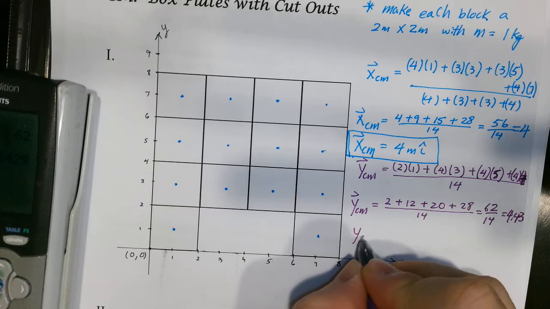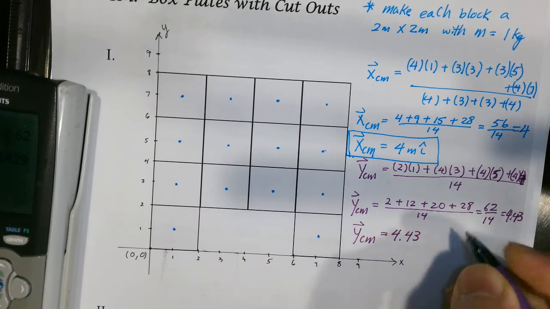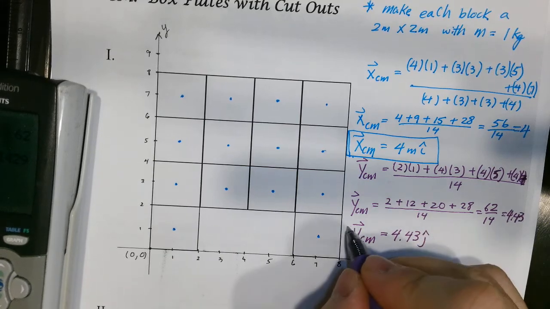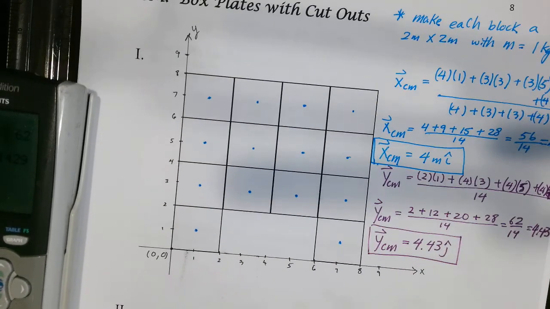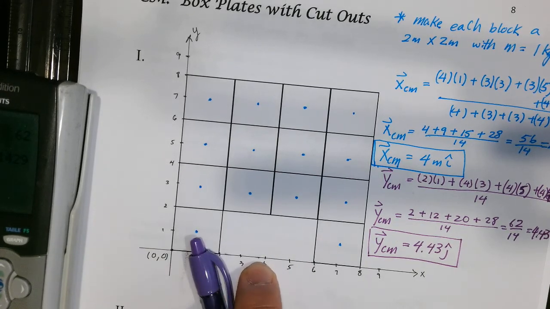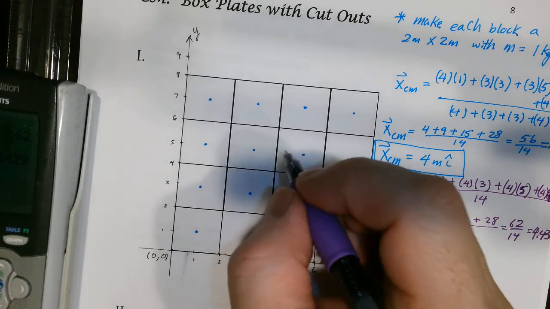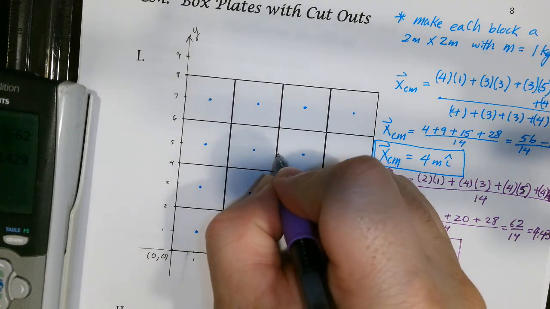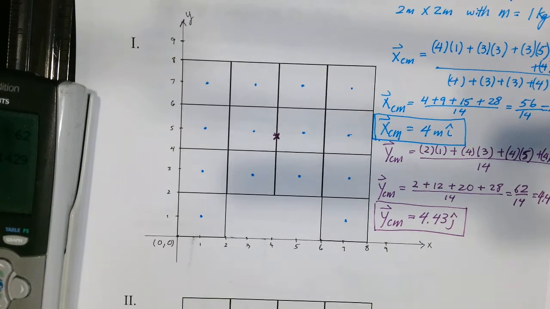So my y sub cm is equal to 4.43 j hat. So my x is 4, and 4.43 is a little less than 4.5, so right around here is my center of mass.